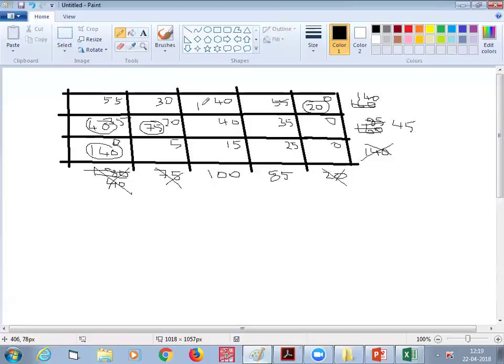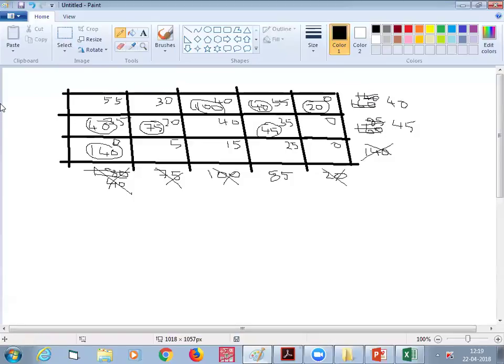So we'll put 100 here. So 40 remains here. And now we can put 40 here and 45 here. So this is our initial basic feasible solution.